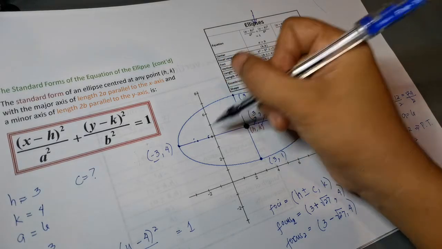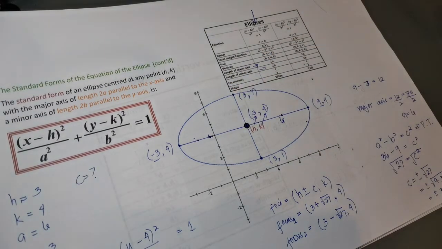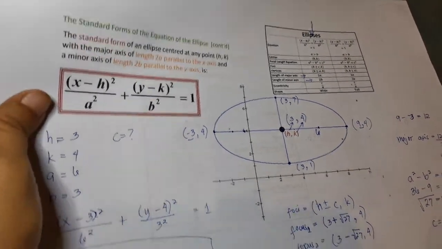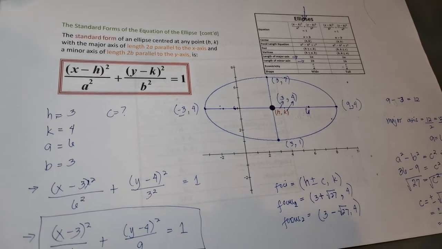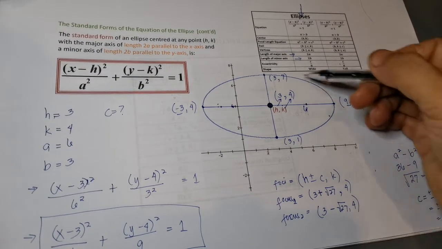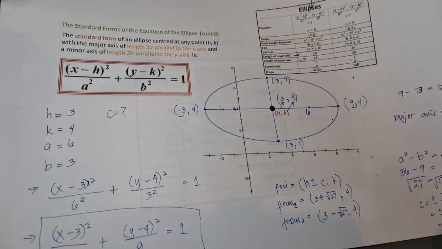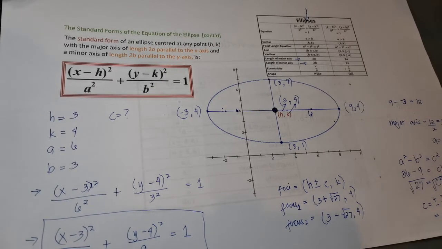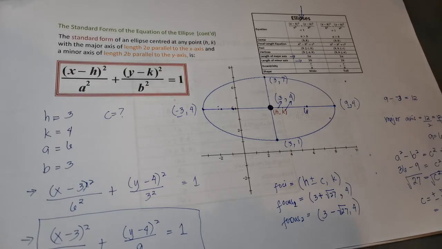It is around here. Okay, here it is. So, there you go, people of the Philippines. That is our ellipse number 1, when it is horizontal. Okay? So, if you have any question about this example, you can just comment down below. So, let us proceed.